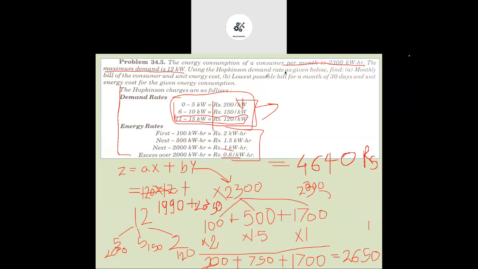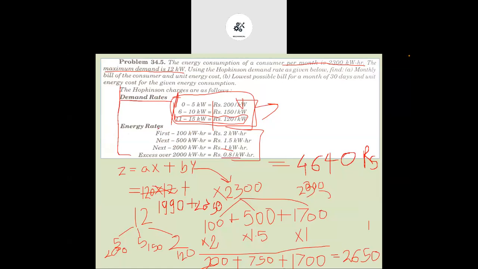Now just concentrate on the given rates. If only one rate is given, you have to multiply that particular rate by the total energy consumption. If ranges are given, you have to use the ranges. So it depends upon the given data which type of demand rates you have to consider, a different demand rate or the same demand rate.